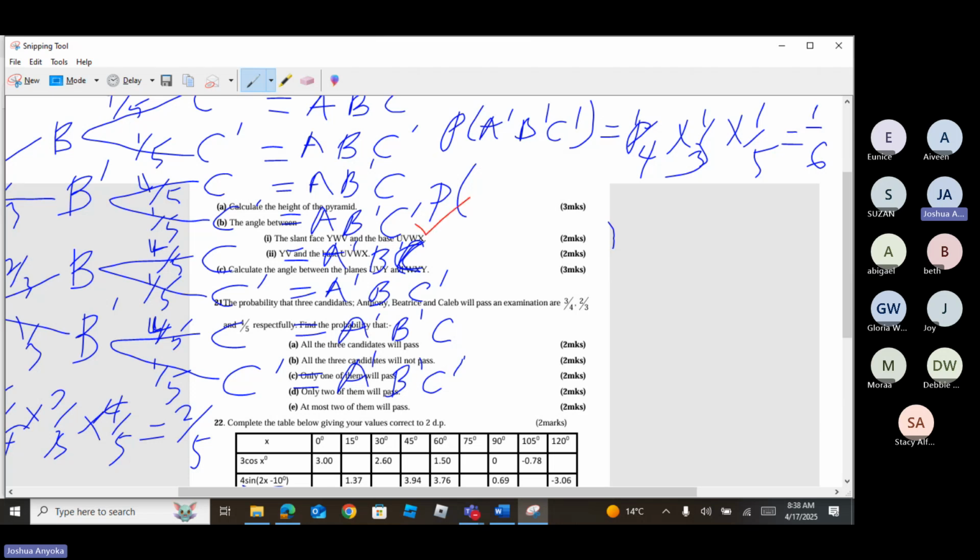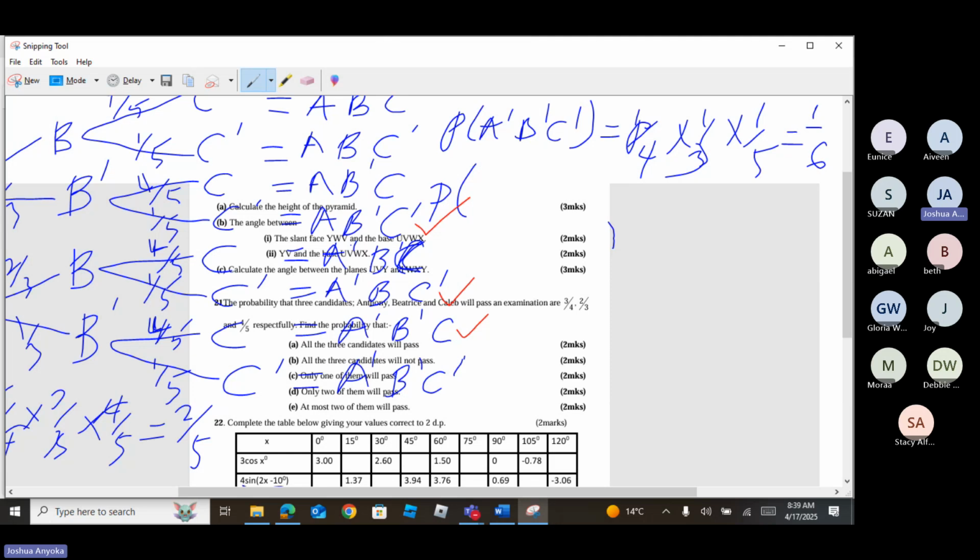This is the first one. Anthony pass, Beatrice fail, and Caleb fail. This one, Anthony fail, Beatrice pass, and Caleb fail. Another one is Anthony failing, Beatrice failing, and Caleb passing.